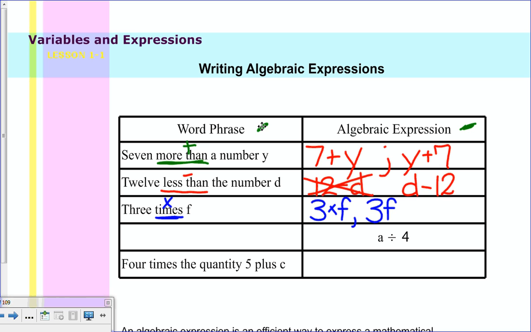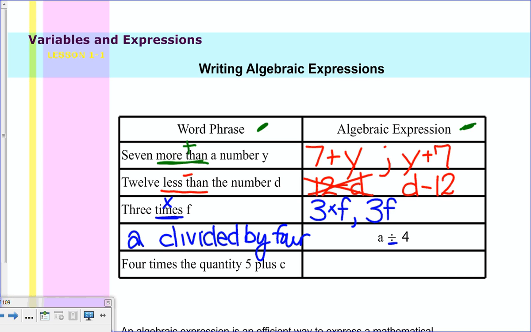And what's fun about these is usually how you say them, that's how you can write them. If I take a look, I have A, so I could write the number A, or just A. And then, well, we had two ways we could say divided by, or how to divide. And usually we write A divided by 4.